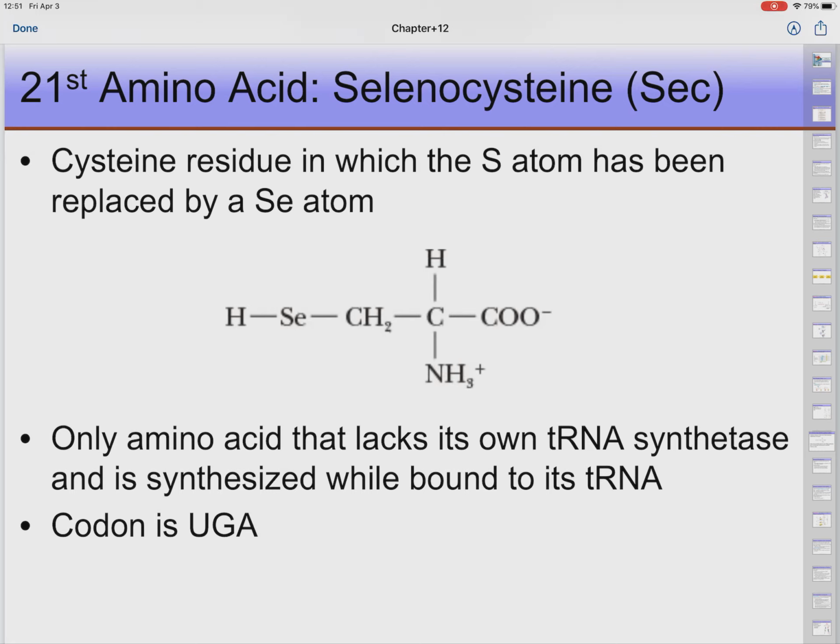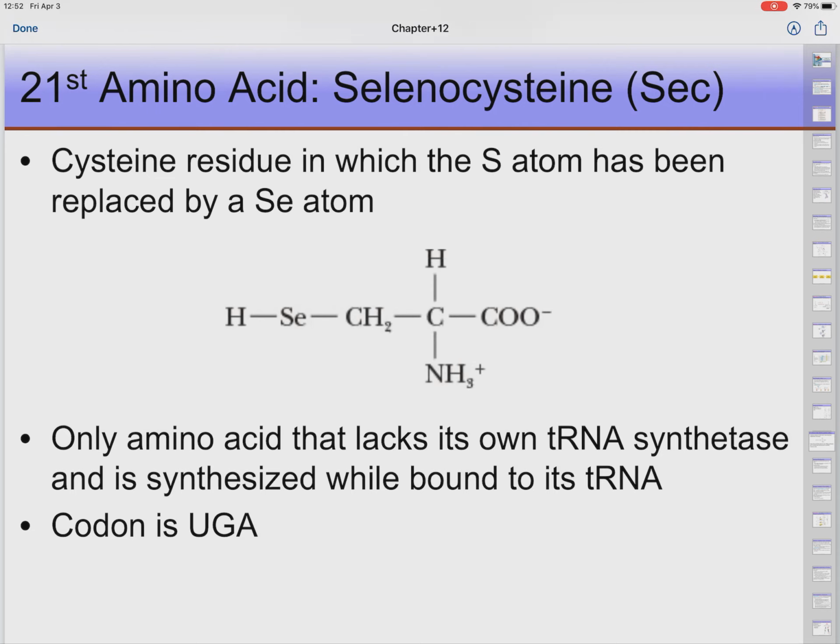For hydroxyproline, once it's incorporated into the protein, it gets modified. N-formyl methionine we saw gets modified on the tRNA prior to being put into that first position. And selenocysteine is one that also gets synthesized on the tRNA.